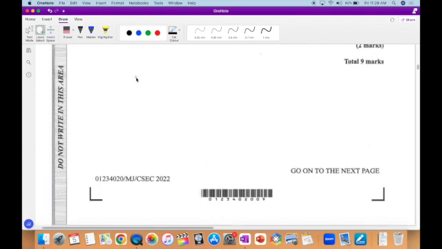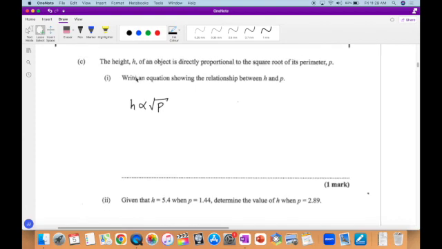And so we start here with the height h is directly proportional, meaning that you'll just have the directly proportional sign. If it was inversely proportional it would have been 1 over, right? And that would have been inversely. But they say directly, so we don't need the 1 over, right? So the height is directly proportional to the square root of its perimeter.